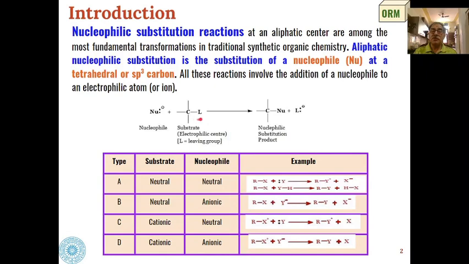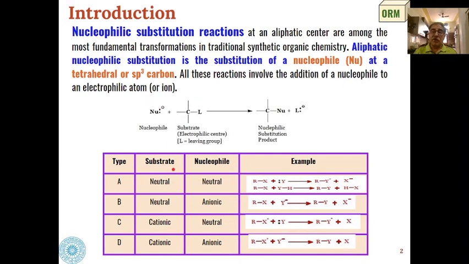Such a substitution reaction, where a nucleophile is substituted on an electrophilic center, is known as nucleophilic substitution reactions. So all these reactions involve the addition of a nucleophile to an electrophilic atom or ion.